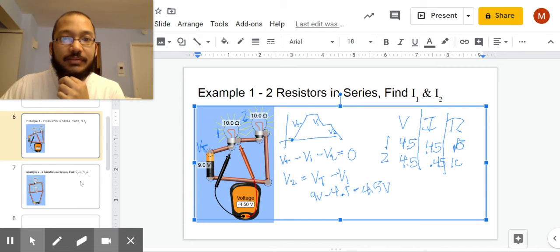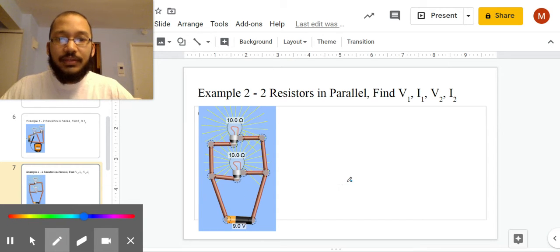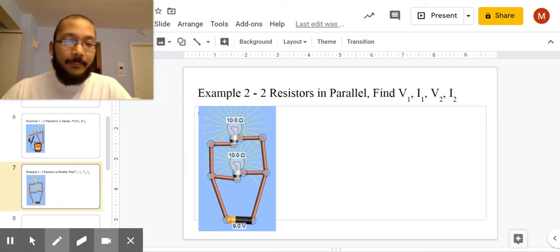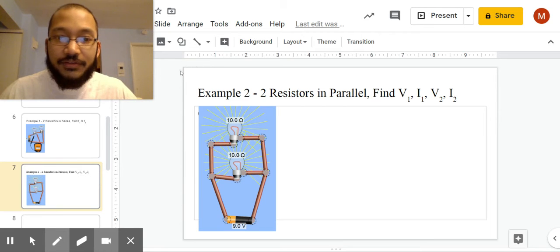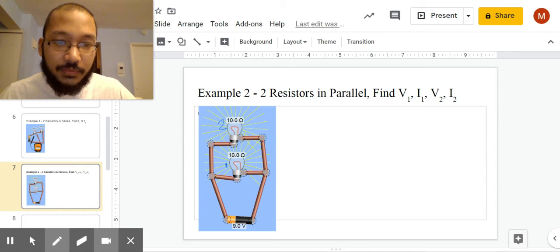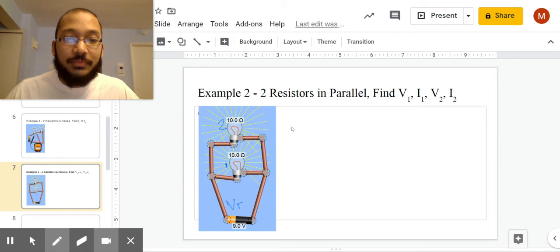So for this next example, it's two resistors in parallel. Take a second, can you write out the loop rule for this circuit? And actually, there are two. So if I'm going to call this one 1, this one 2, and this one VT, it's the scenario we looked at before.